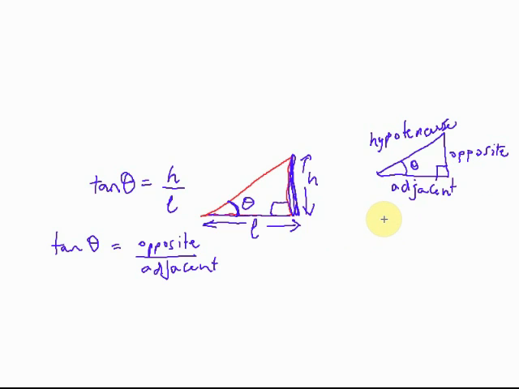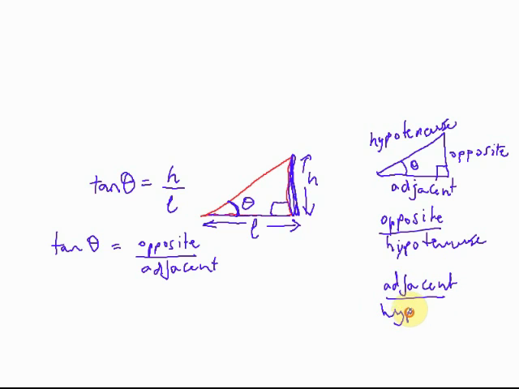What about opposite over hypotenuse? And what about the adjacent over the hypotenuse? I'm going to abbreviate hypotenuse to hyp there just to save writing it out again.